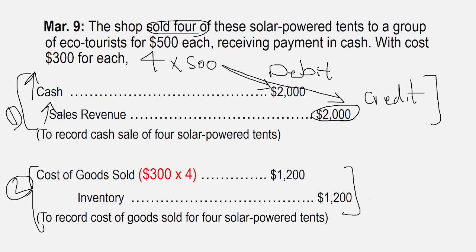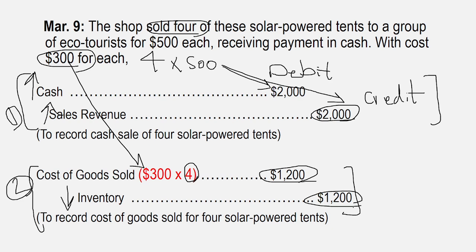So they sold 4, and the cost of each is $300. So 4 multiplied by 300 equals $1,200. The cost increases, and unlike revenue, cost is considered a debit, by $1,200. The inventory decreases, and a decrease in inventory is shown on the credit side by $1,200.